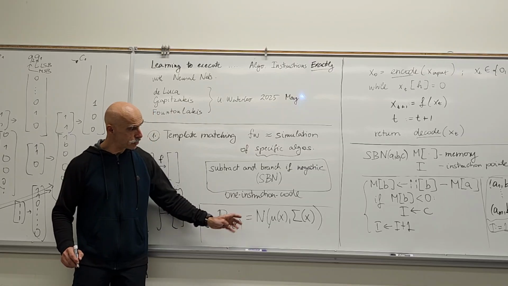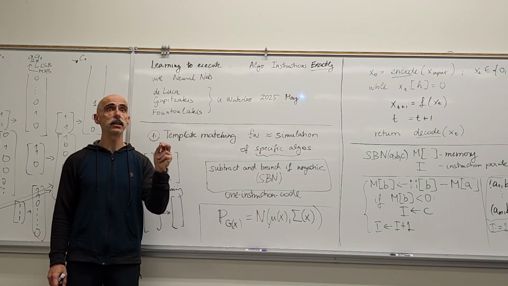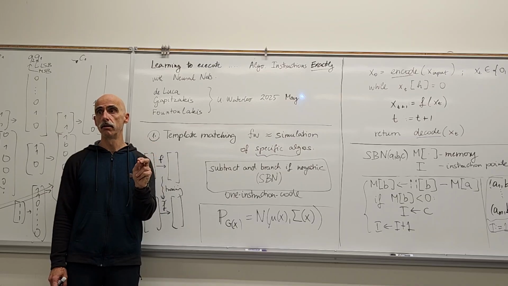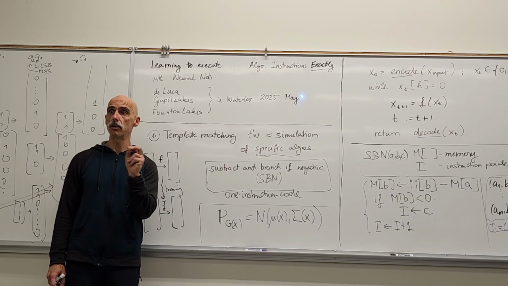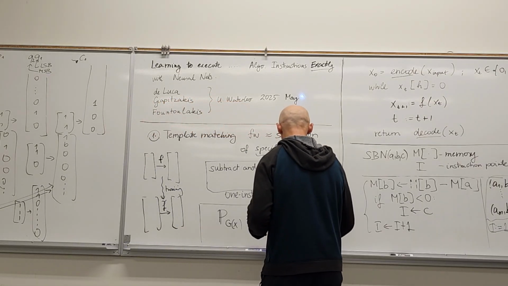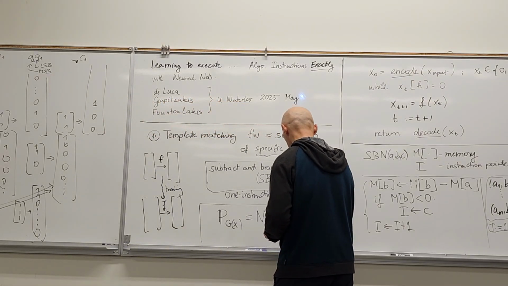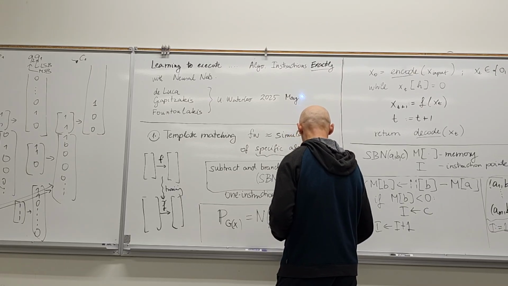This is what they prove. They actually give a closed form for the mean and the covariance in terms of the training data. So it's fully determined in closed form by the training data.